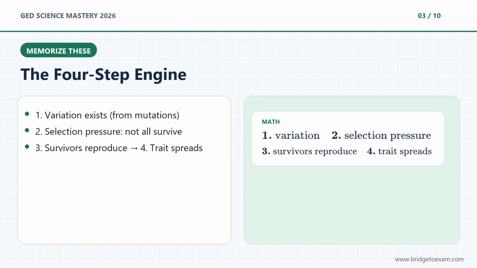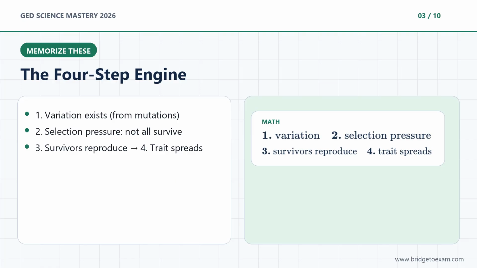Natural selection runs on 4 steps, and they repeat every generation. Step 1. Variation already exists. Mutations and gene mixing create differences before any environment acts. Step 2. A selection pressure appears. More are born than can survive, so there is competition, and some traits help. Step 3.